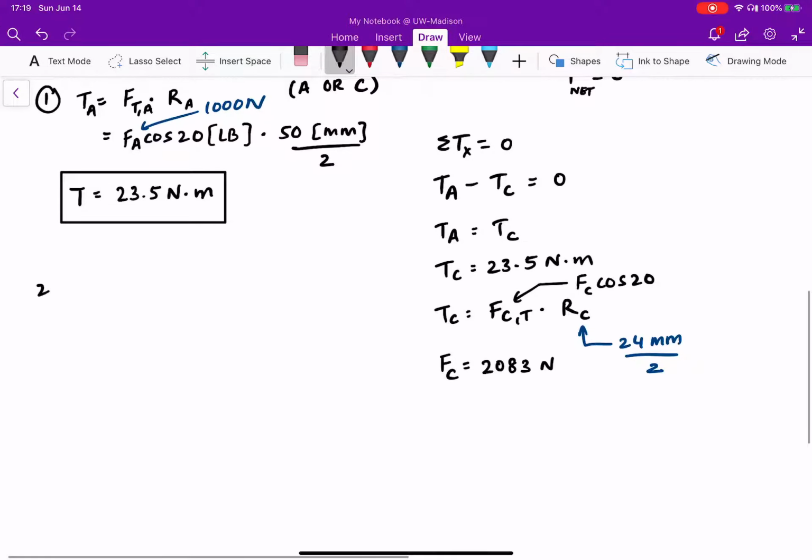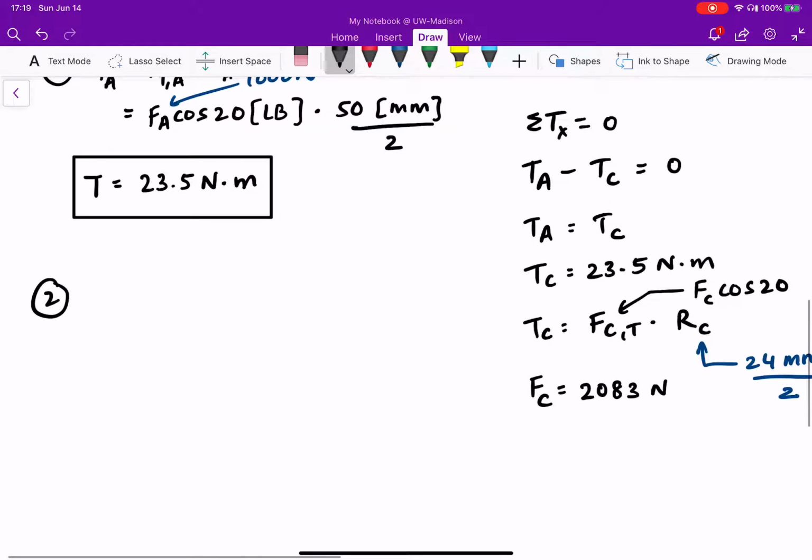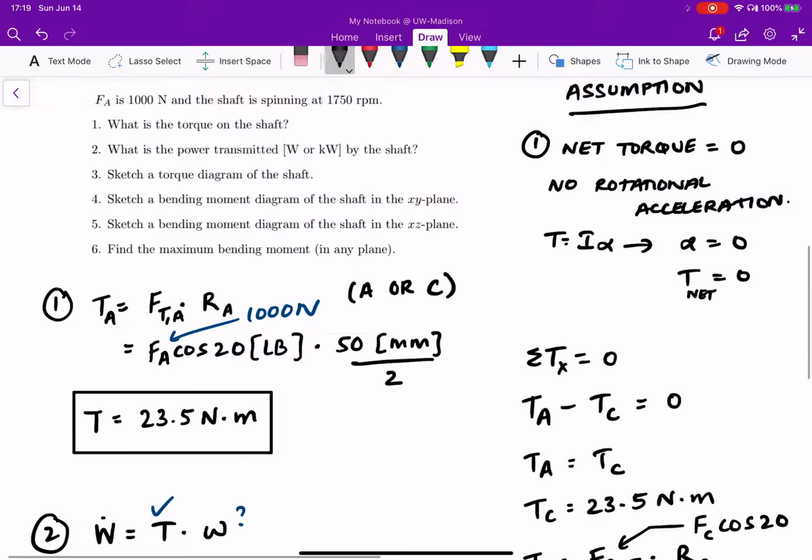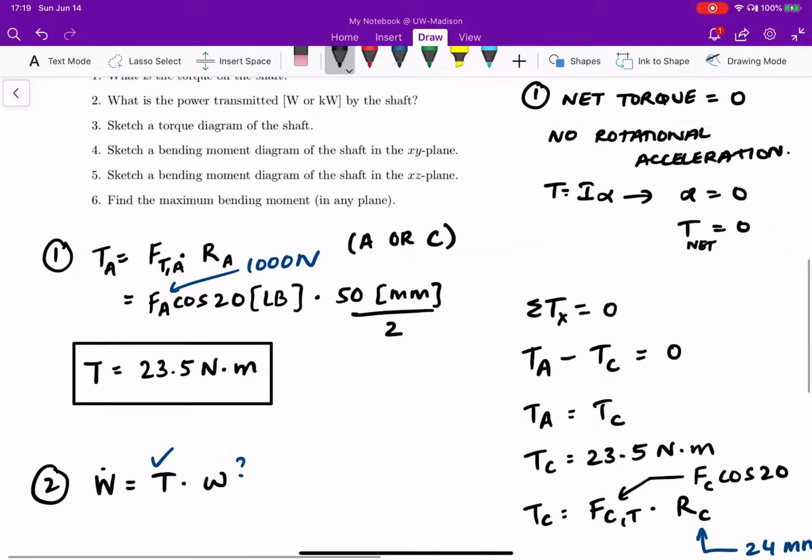Part 2, power. Now that we have the torque, we can solve for the power if we know the rotational velocity in radians per second. The torque is something we know, and we don't know the rotational velocity in radians per second, but we do know it in RPM.